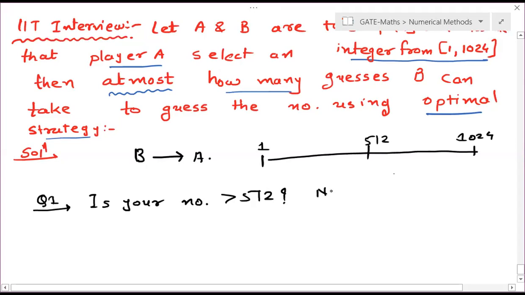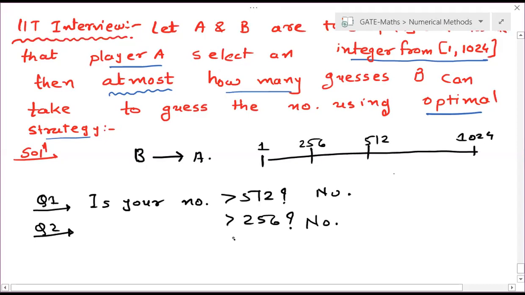Suppose A is telling no. In both the cases, we have the same situation. So what will be his second question? Is your number greater than 256 or not? Again, based on his answer, yes or no, B will have two options, either this interval or this. Okay. Suppose he is again telling no.